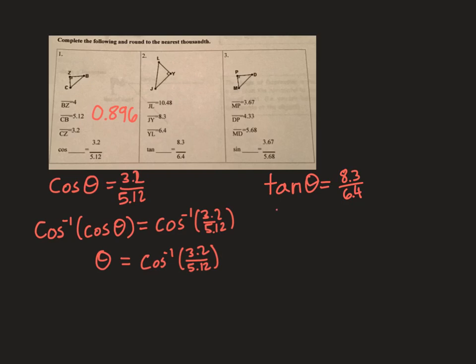So that leaves us with theta is equal to our inverse tangent of 8.3 divided by 6.4. So when you plug that into your calculator, what you'll find is it comes out to be 0.914.